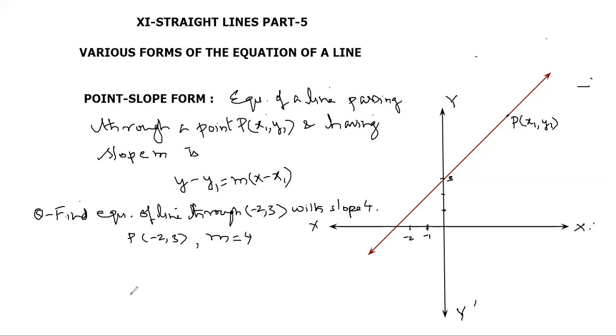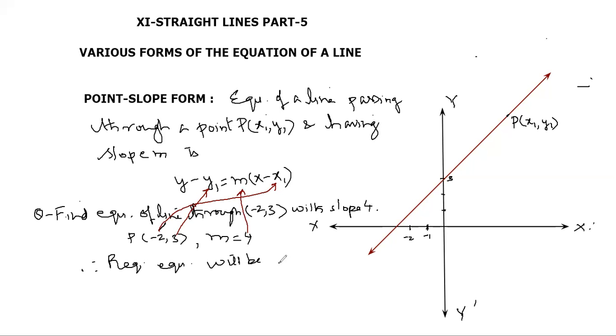So x1, y1 is given. By the point slope formula, the required equation will be: this value is x1, this value is y1, and this value is m.